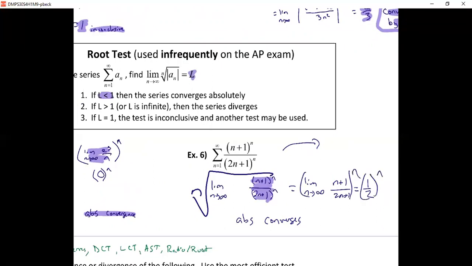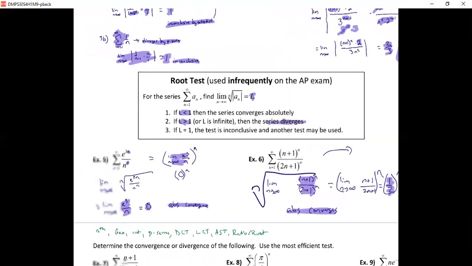And so once again, we're sort of modeling a geometric series by saying, let's take the power out of it, see what happens on the inside. And with that happening on the inside, if that limit, aka ratio, is less than 1, it converges. If it's greater than 1, then we have the divergence. So since this limit ends up being 1/2, then we have absolute convergence.